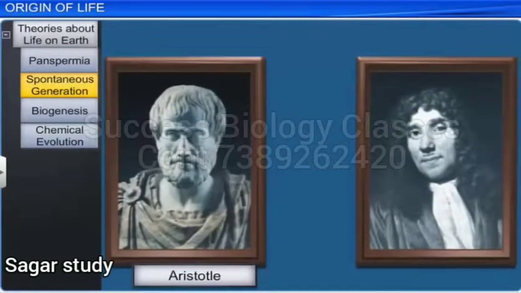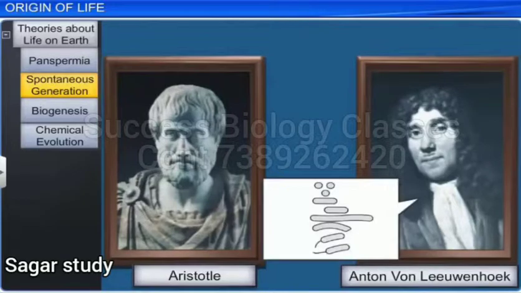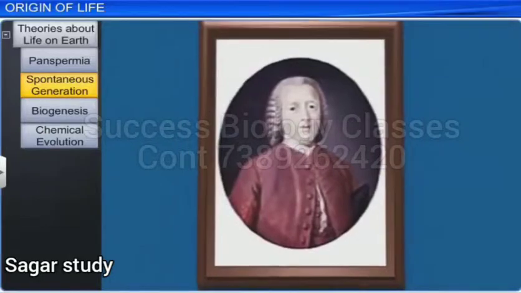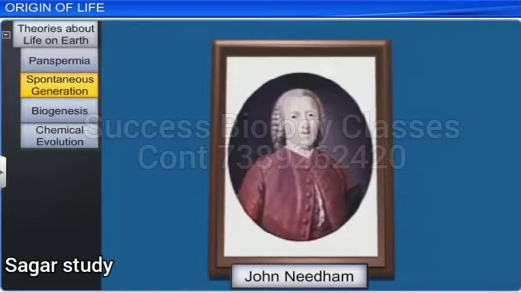In fact, this theory was used to explain even Anton von Leeuwenhoek's findings of animalcules using the simple microscope. Moreover, some scientists, such as John Needham, supported the theory of spontaneous generation by conducting some experiments.